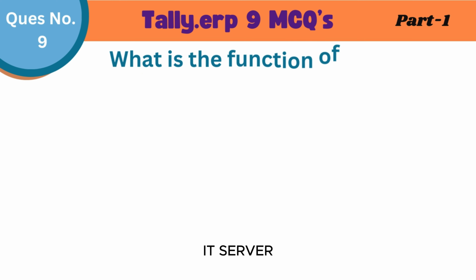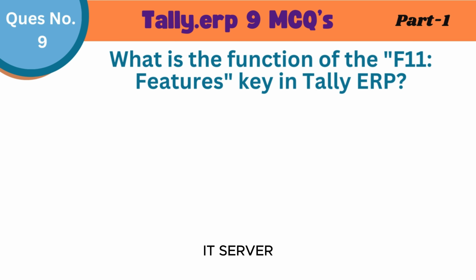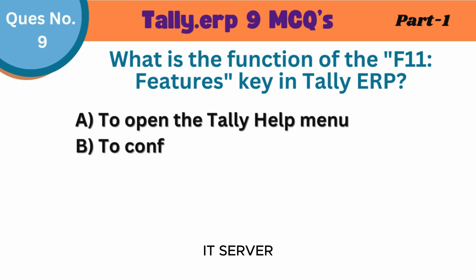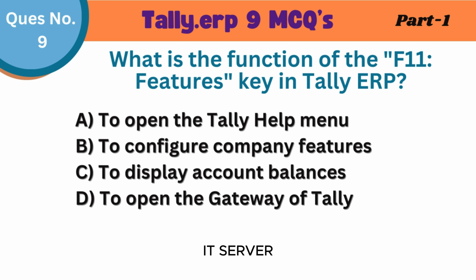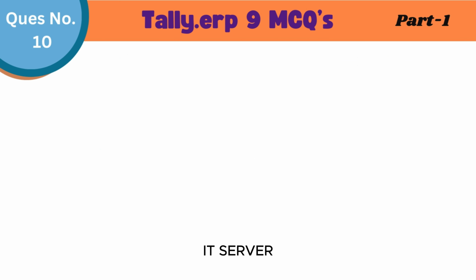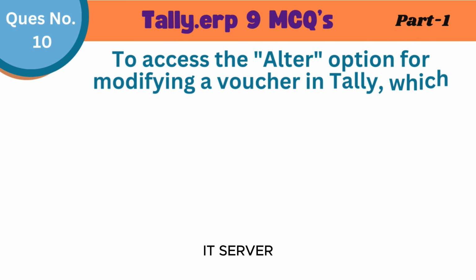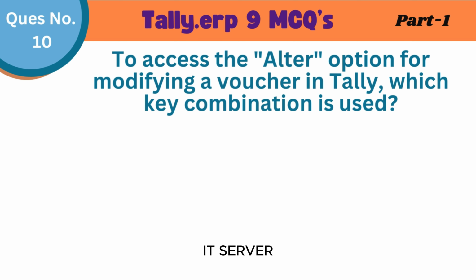What is the function of the F11 features key in Tally ERP? To configure company feature. To access the Alter option for modifying a voucher in Tally, which key combination is used?